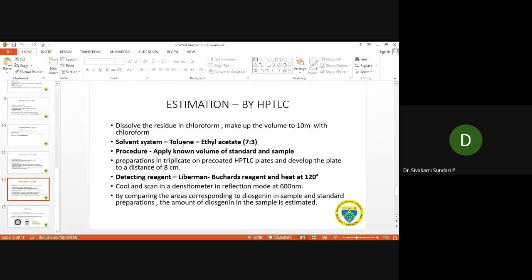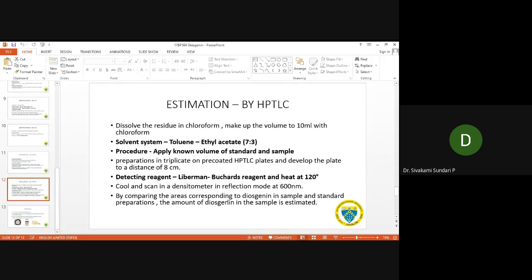Now the solvent system is toluene ethyl acetate 7 to 3, and the procedure is to apply known volumes of standard and sample preparations in triplicate on the pre-coated HPTLC plate and develop the plate for a distance up to 8 centimeter. Here we are using Liebermann-Burchard reagent for detecting the spot, and it is heated at 120 degrees after spraying. Then cool and scan in a densitometer in reflection mode at 600 nanometer.